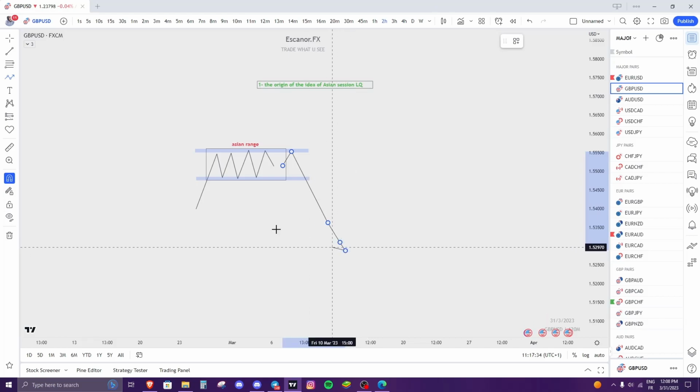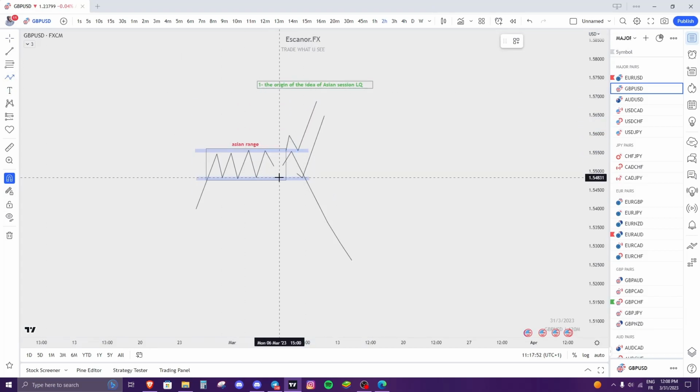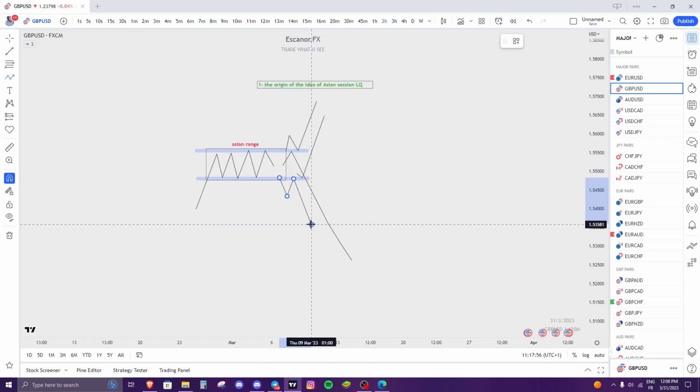The indicator gives those levels, and others try to buy from here to some levels here, and other traders try to wait till this level breaks and retests and buy again here. The same idea here, wait for a break and retest and sell from this point.